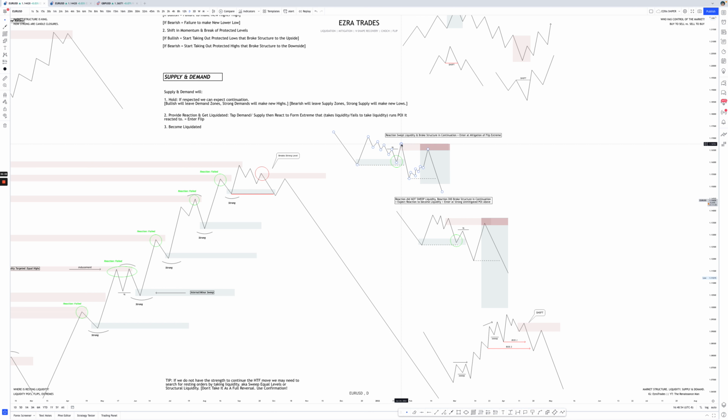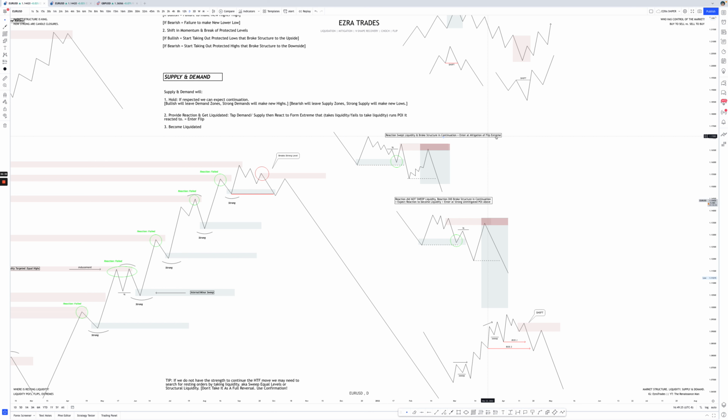And once this is validated through the break of structure back into the continuation to the downside in an impulsive nature, and it breaks the initial reaction extreme, break of structure downside, we now know that we've left behind what? This is a supply range, and this is an unmitigated zone that took liquidity and broke structure. That's extremely important. So this reaction swept liquidity and broke structure in continuation.